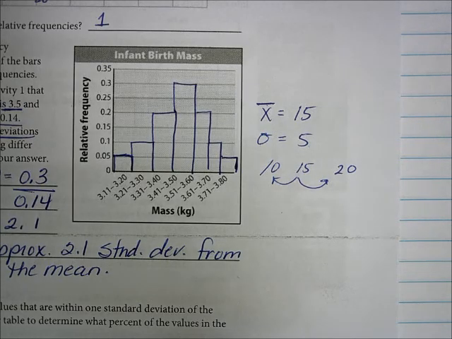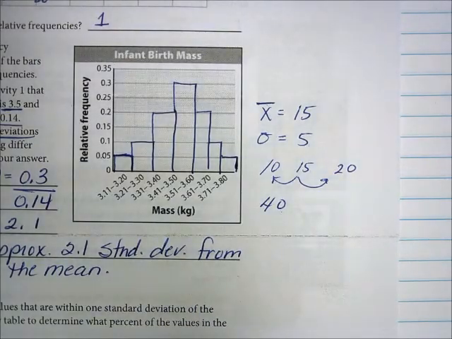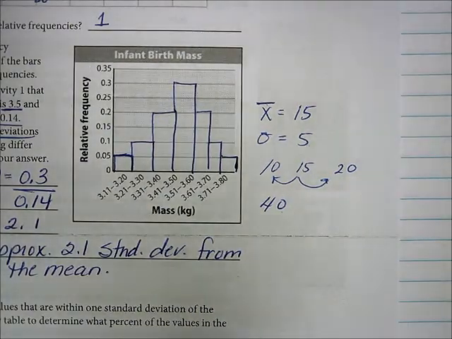Now, what if I said to you that there was a data point that was 40 in this grouping, whatever the grouping is? I'm doing the exact same problems but with simpler numbers. If I said to you, how many standard deviations is 40 from the mean? The mean's 15. How far is 40 away?